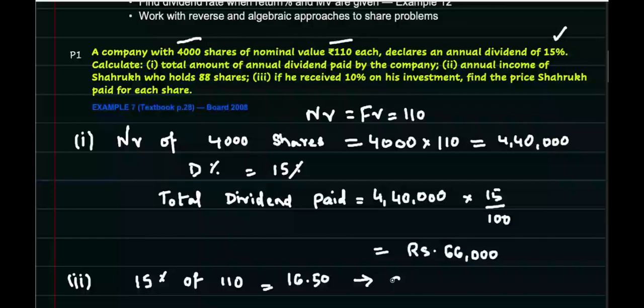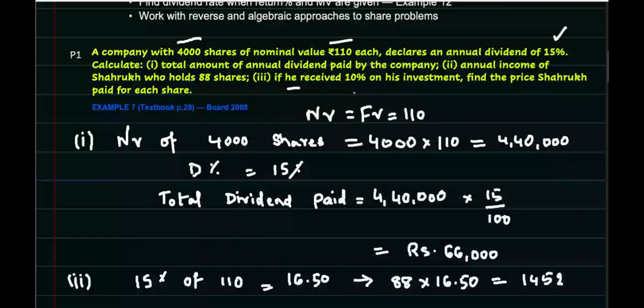Multiplied by 88. Somebody who has 88 shares will get 88 multiplied by 16.50. If you multiply, you will get 1,452. So 1,452 rupees is the annual income of Shahrukh.